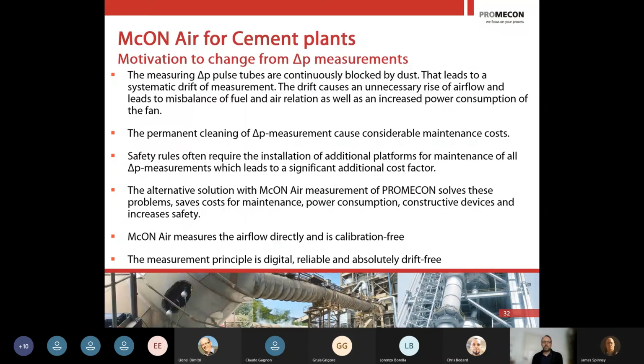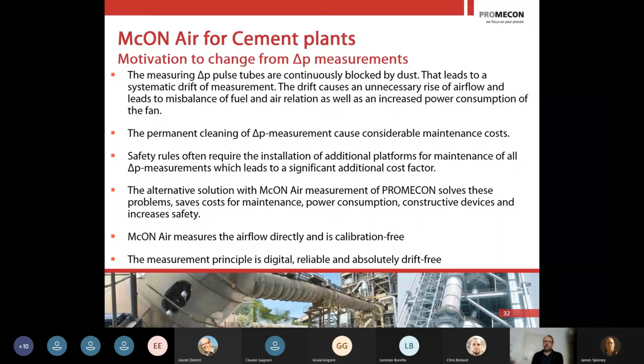They had issues because of the plugging and blocking of the differential pressure tubes by the dust. And if you plug just one side, or if it's partially plugged, then the barometric pressure also pushes the differential pressure into certain regions, and this gives a systematic drift of the measurement.